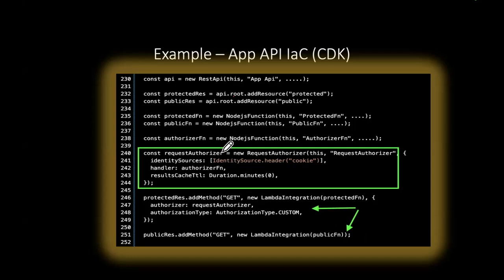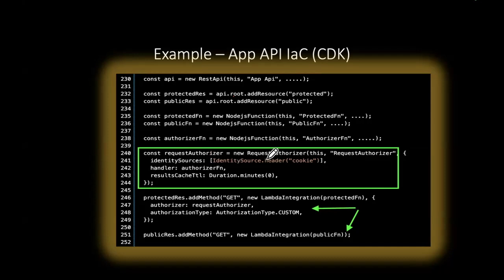But here's where we essentially wrap this lambda as an instance of a request authorizer. So this is just another L2 construct, a CDK L2 construct. So we're wrapping our lambda, and here we're referring to the lambda. This is a reference to this lambda here. Here we're indicating where within the request that came from my client the JWT token is contained.